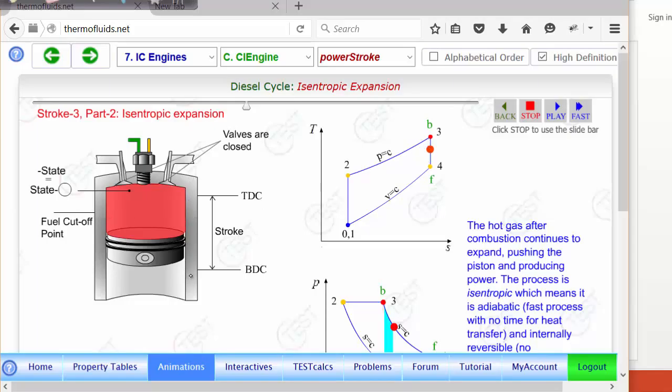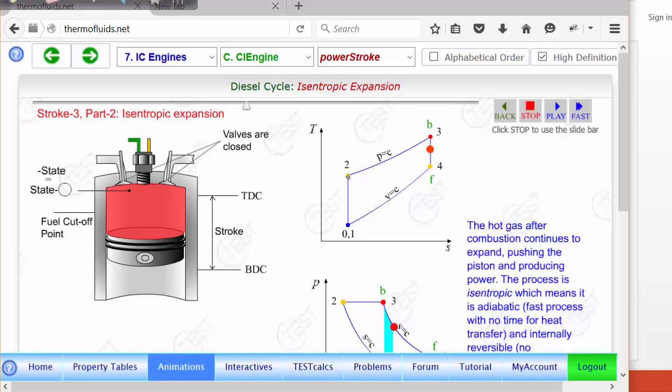At state 4, we have reached bottom dead center. Therefore, the volume is exactly the same as state 1, because at state 1 the piston was also at bottom dead center. State 4 and 1 must have the same volume, and because the mass is the same, specific volume is the same.